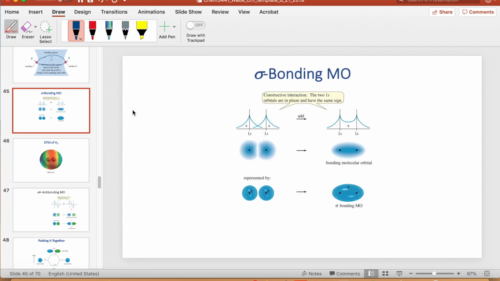Now, we can look at this by looking at an example of this sort of 1s bonding. So what we're looking at here is a sigma bond created by a 1s orbital overlapping with another 1s orbital, right? And so here's one here, and here's another one here, and they're going to overlap in constructive fashion, and they're going to give us this bond.